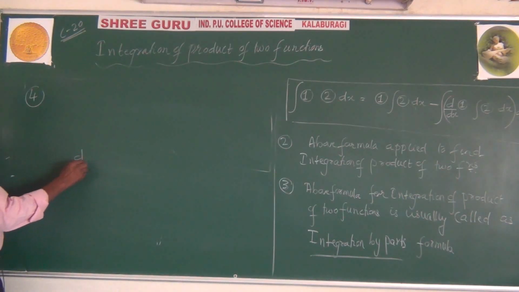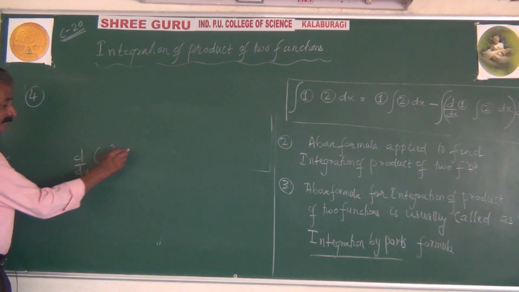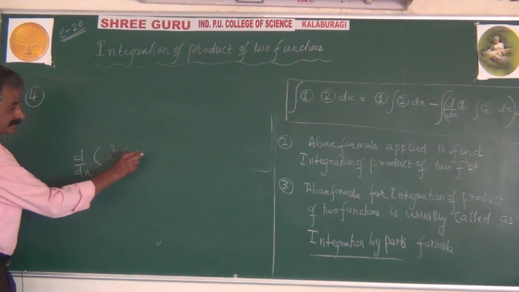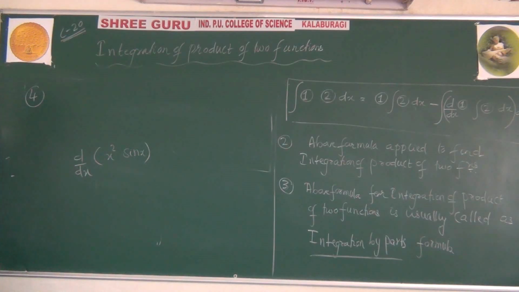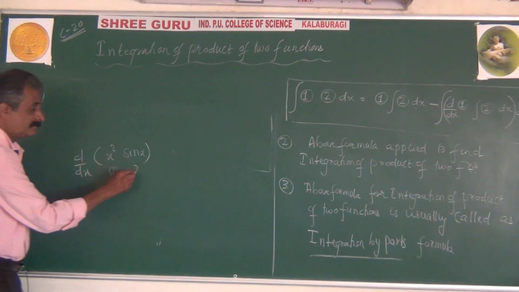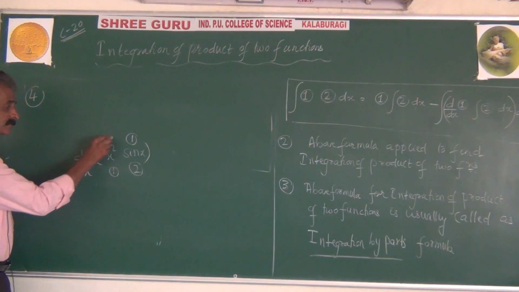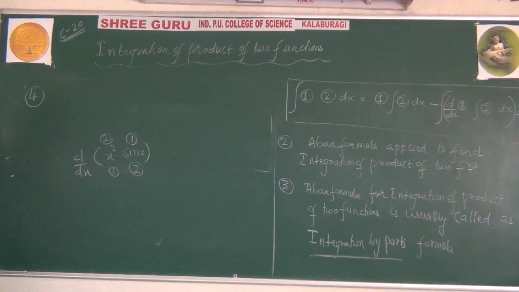For instance, suppose you want to find the differentiation of x square into sin x, and we need to apply compulsorily the product rule of differentiation. Here we can take any one as first function, any one as second function, the answer remains the same. You can take x square as first function, sin x second, or you can take sin x first, x square second, the answer remains the same. You can observe in both cases.